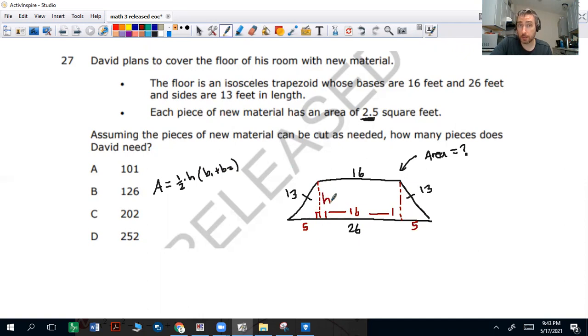So your height is going to be the solution to that side of the triangle. It's a right triangle, and we're going to use the Pythagorean theorem. So h squared plus 5 squared equals your hypotenuse squared.